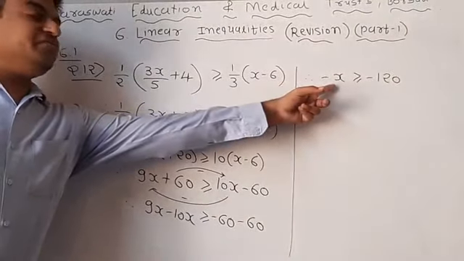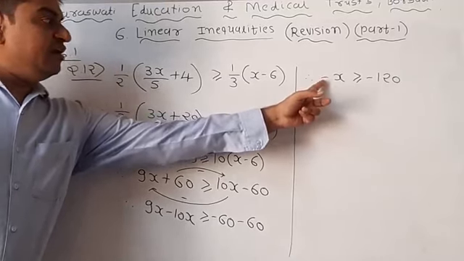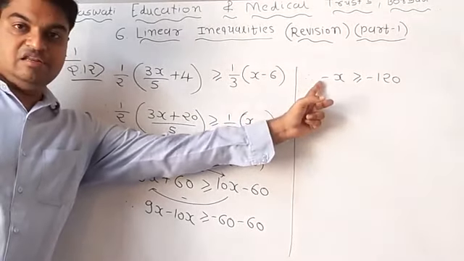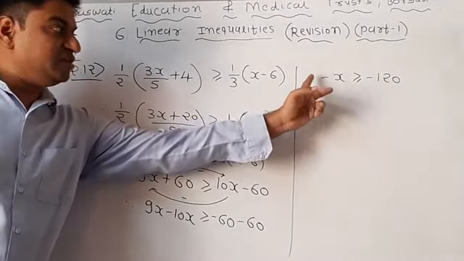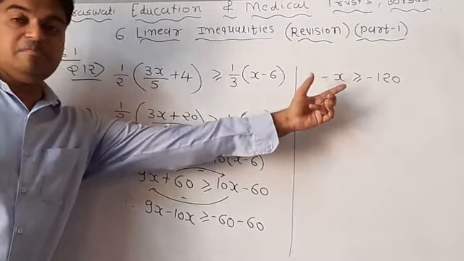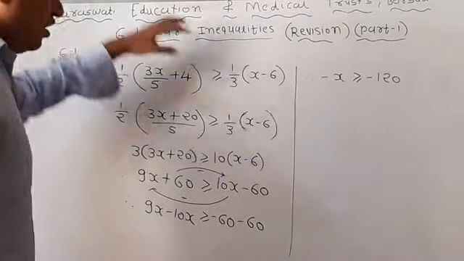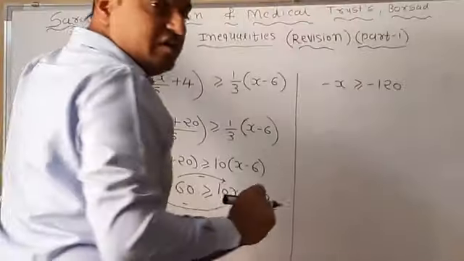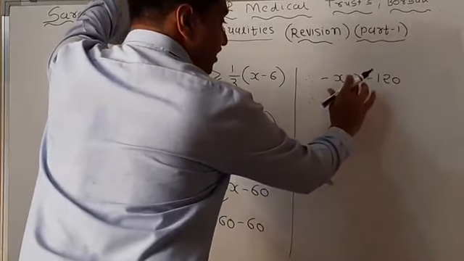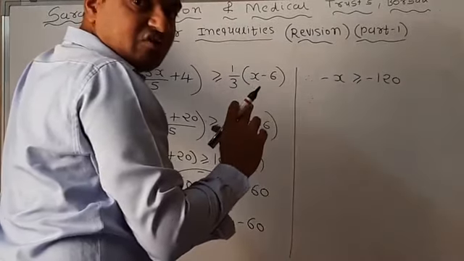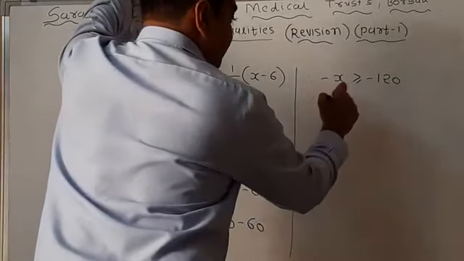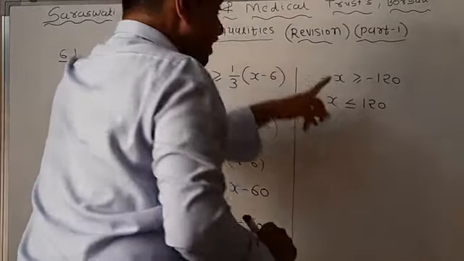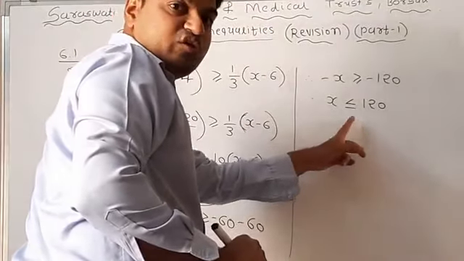Now here x is the variable and an outside minus sign is present. So we remove this minus sign. Now how can we remove this minus sign? Multiply by minus on both sides, and then the inequality changes: greater than becomes less than or equal to form, so x less than or equal to 120, with the minus sign removed on both sides.